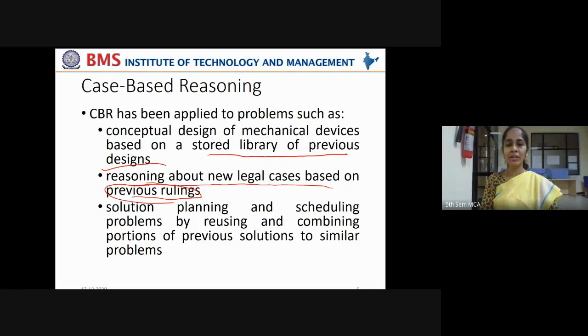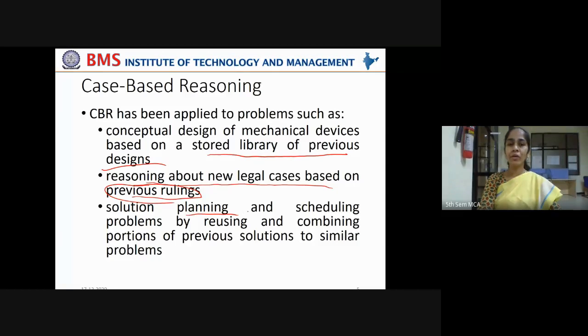What is happening in all these scenarios? For solving the existing problem, they are referring to previous problems with the same features, and whatever the solution was there, they're trying to apply it to the current problem also, right? This is called case based reasoning.